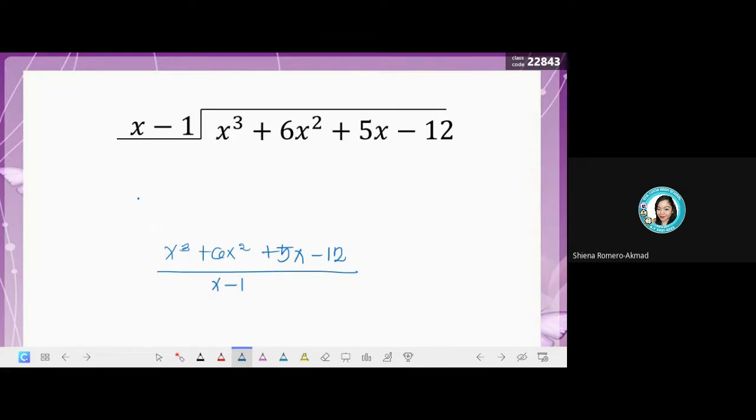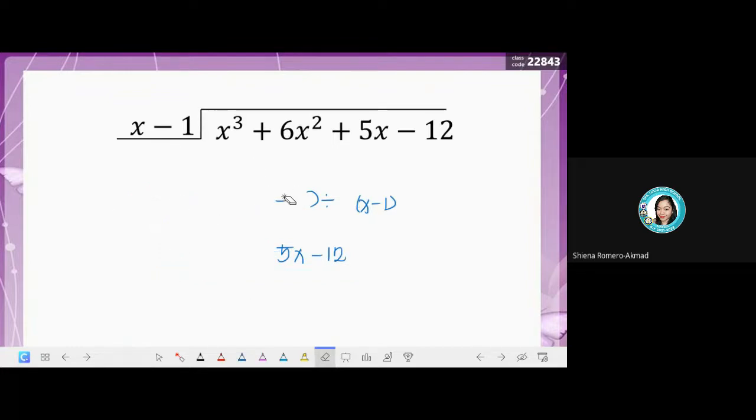Or minsan sinusulat siya ng ganito, x cubed plus 6x squared plus 5x minus 12 divided by x minus 1. Pag may nakita kayong ganyan, ibig sabihin, you are going to divide a polynomial. So let me show you an example first before we proceed.